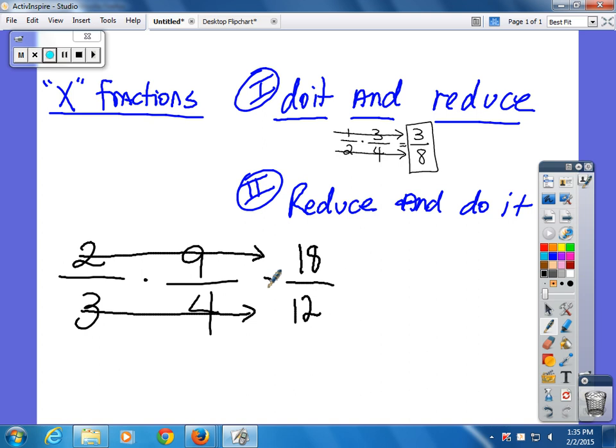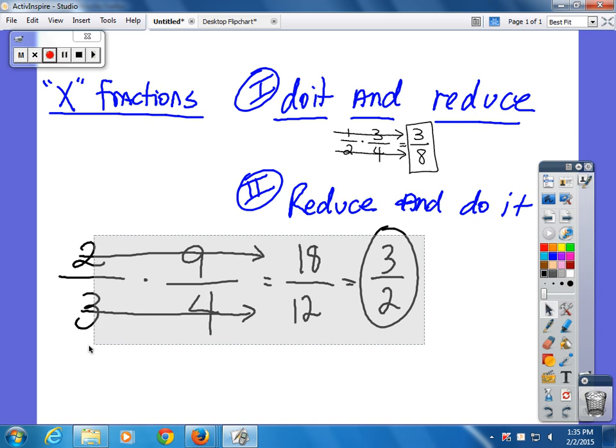Now that's using the first method, and we could reduce this down. 6 will go into both, here, what, 3? 3 over 2, and that's your final answer. Now that's one way of doing it. That's the first method. So we could actually take this one and do this.